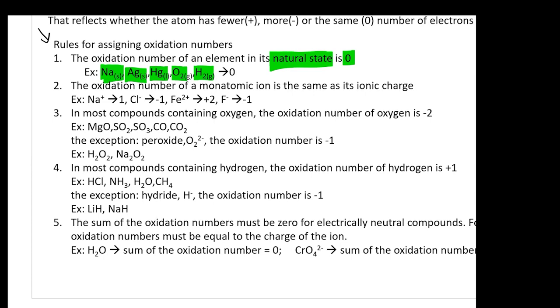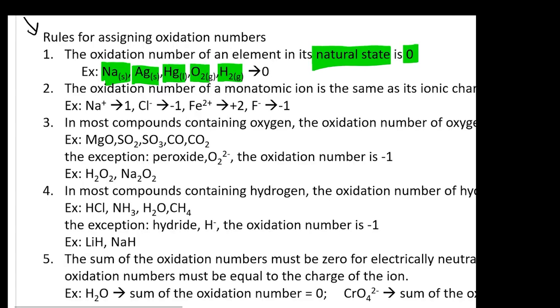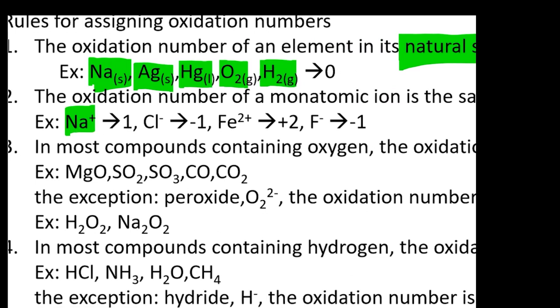Rule number 2: if you have your atom existing in the charged form, then its oxidation number is going to equal the charge it carries. For example, Na+. You can see here it's a charged species now. The things I gave you in the beginning are all neutral, right? You don't see the charge go with it. But right now it's Na+. That means right now the sodium's oxidation number is +1.